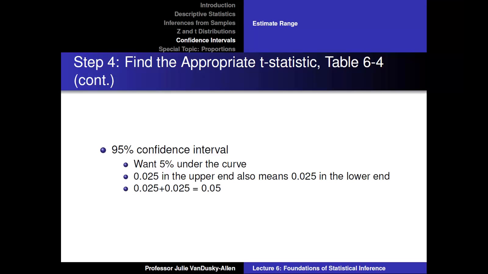So if we want a 95% confidence interval, we want 0.05 under the curve. To do this, we would want to look at the 0.025 column, as it indicates 0.025 in the upper half of the curve and 0.025 in the lower half of the curve, for a total of 0.05 under the entire curve.